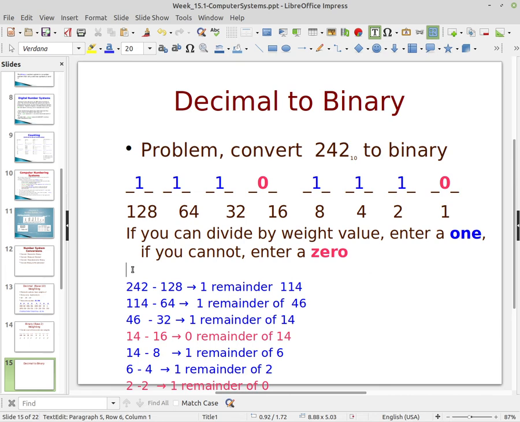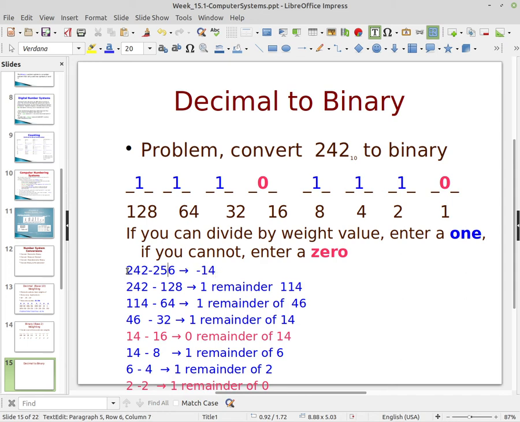Okay, so again, let me just do the one other value here. If we want to go one more column out, it would be 256. All right, and so if I take 242 minus 256, the answer there would be a negative 14.